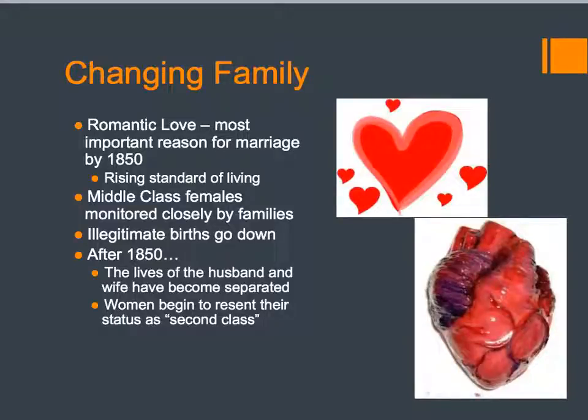So certainly there was a sexual double standard going on at this point. Illegitimate births also go down. And the reason why is that there's still a high rate of premarital sex, but the more couples would be married if the girl became pregnant. Certainly, maybe there would be an economic factor in that.